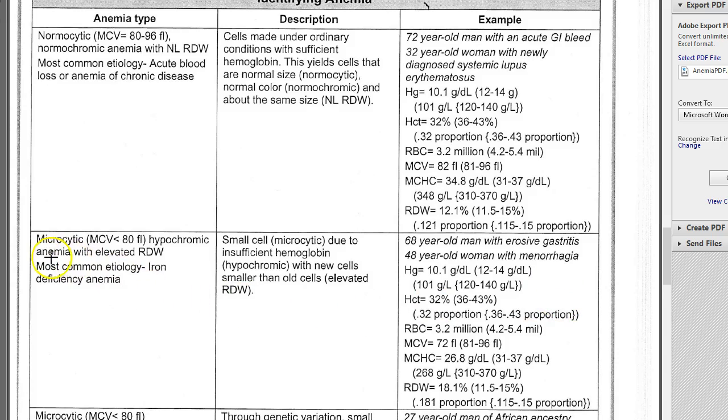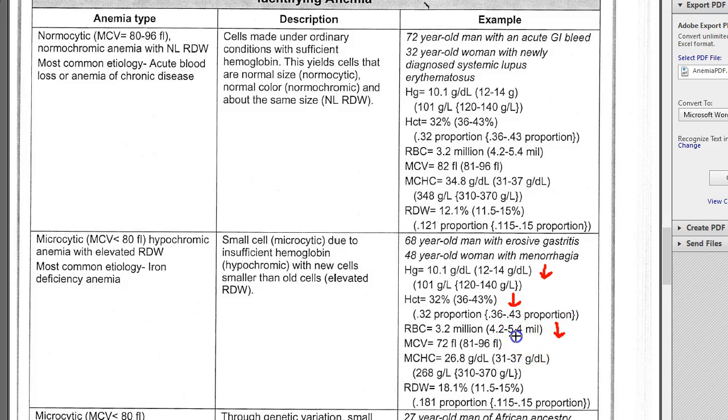One thing to remember, if a cell is small, if it's microcytic, it's always going to be small. So in this setting, we're going to have a decreased hemoglobin. We talked about our ratio, so crit is going to follow. That's going to be decreased. Your red blood cells are going to be decreased.